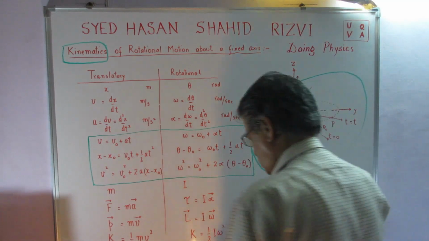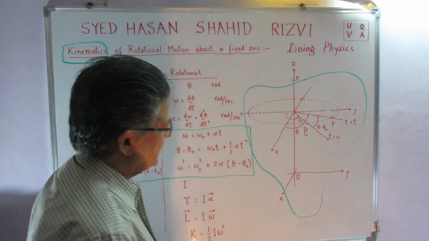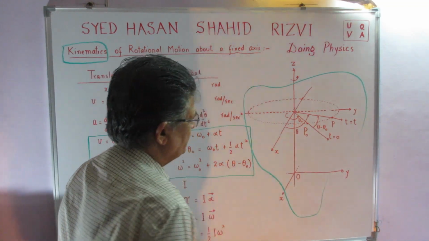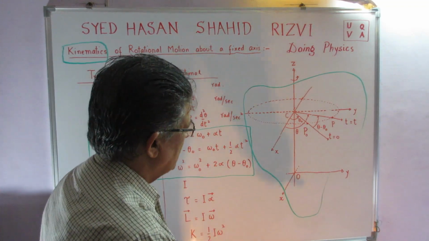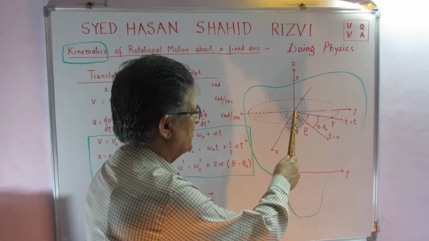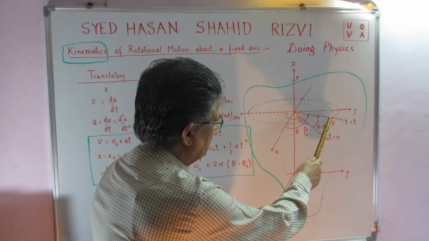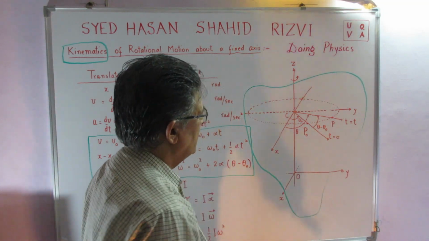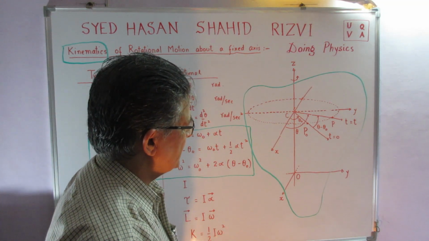Now, to tell you about the rotational motion, I have a rigid body, and in this rigid body I have a point C about which this point P is rotating, about this Z axis.